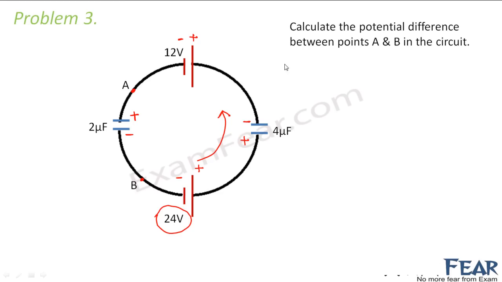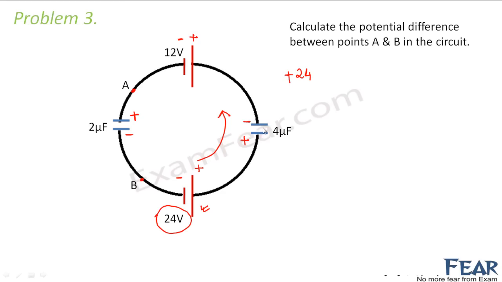You start your Kirchhoff's law equation from this battery. At this battery, let us suppose the value of E is 24 volts. It will have a plus sign because it is departing from the positive. Then you come to this capacitor.